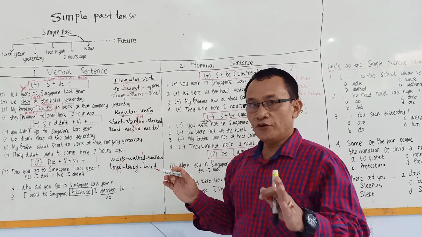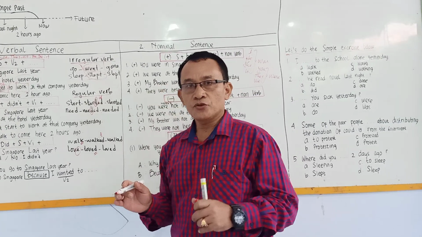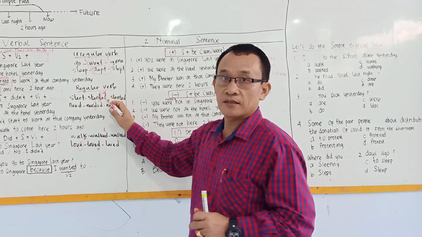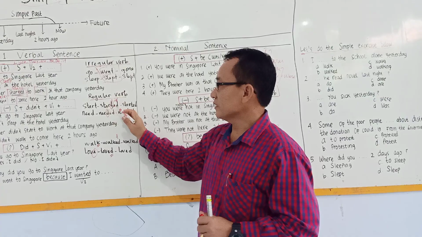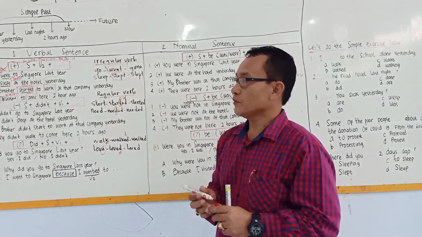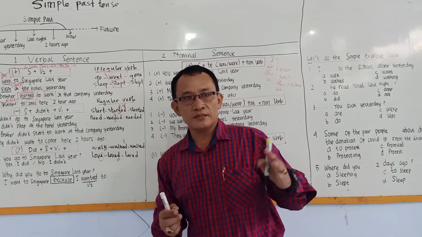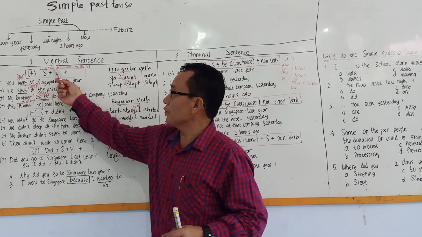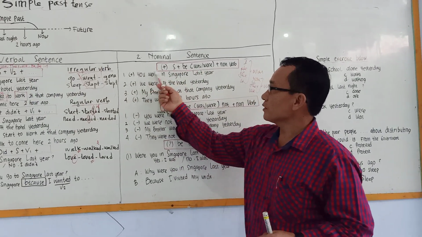So where the verb ends with t or d, you read id: started, needed, and so on.